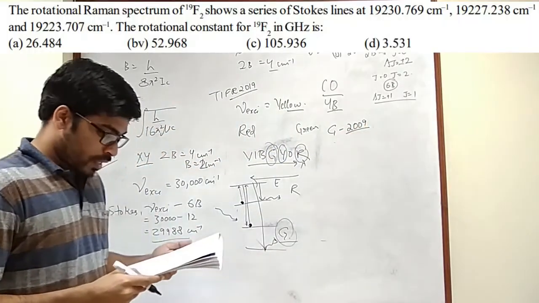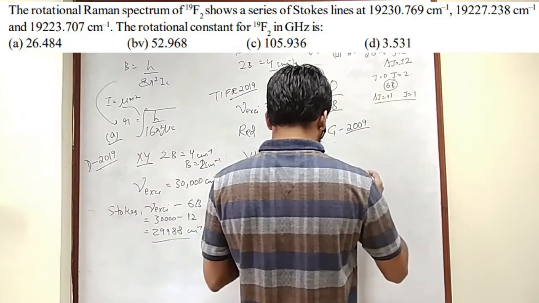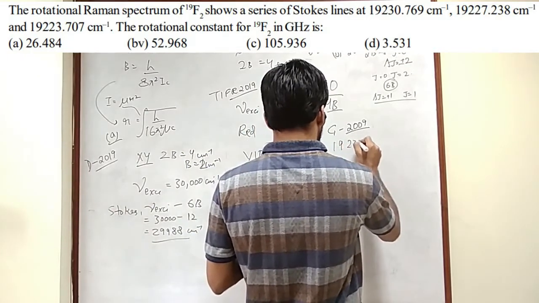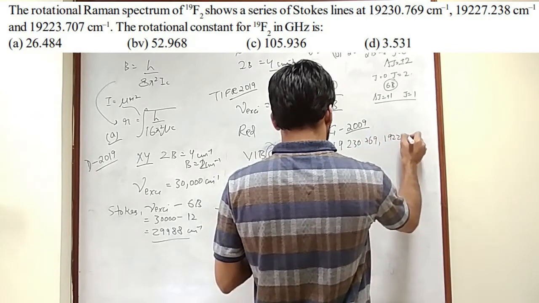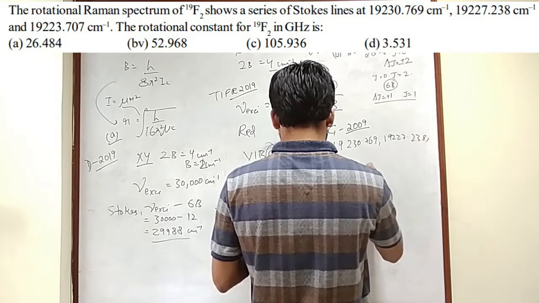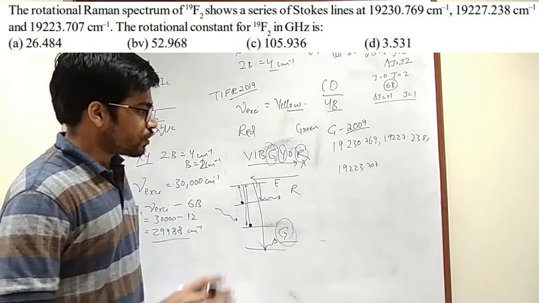The question says the rotational Raman spectrum of F2 shows a series of Stokes lines at 19230.769, 19227.238, and 19223.707. We have to find the rotational constant.